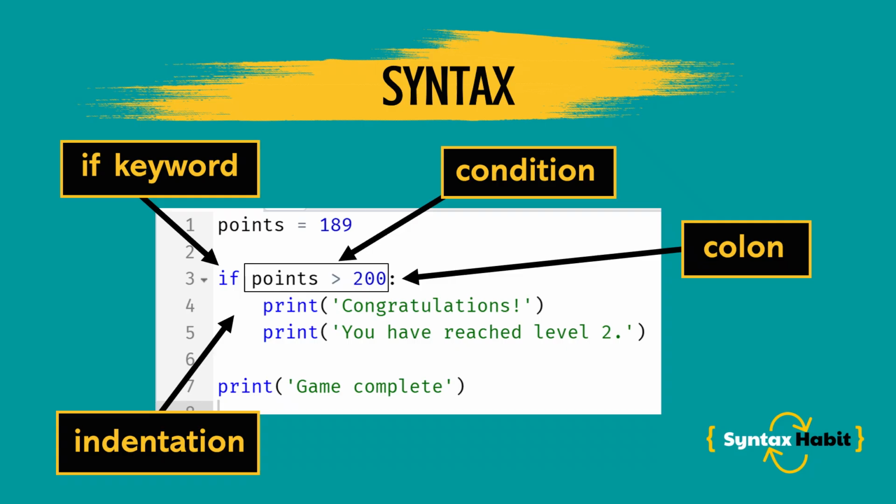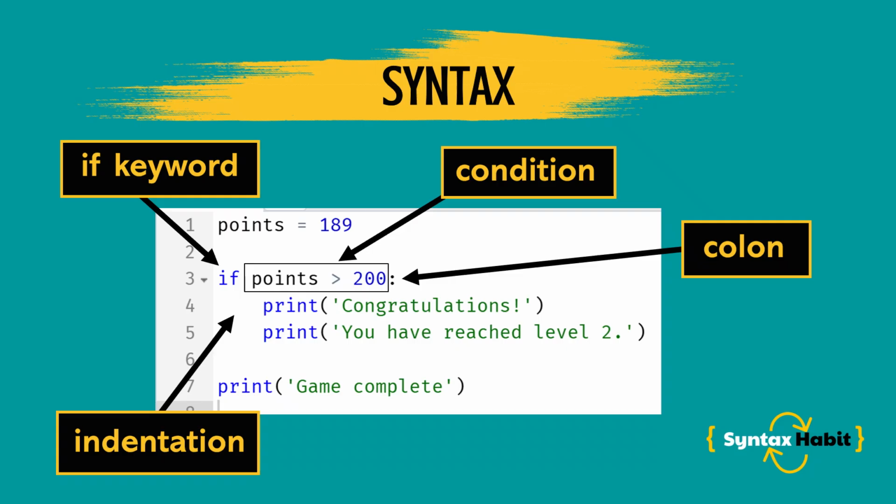The condition is an expression that Python evaluates to determine whether it's true or false. In our example, points greater than 200. Our condition produces a Boolean result. At the end of the line, we need to write a colon. The colon tells Python that the block of code belonging to the if statement is about to begin.